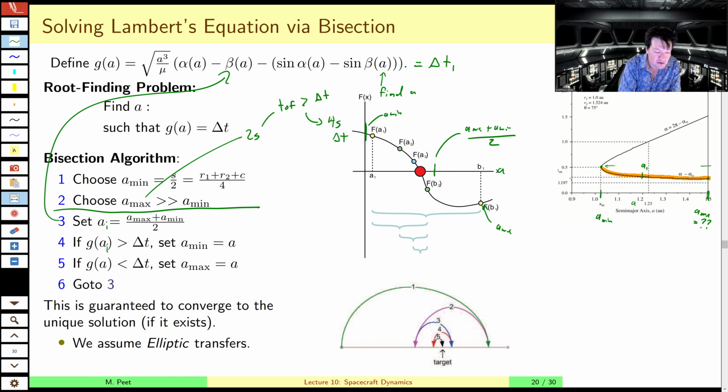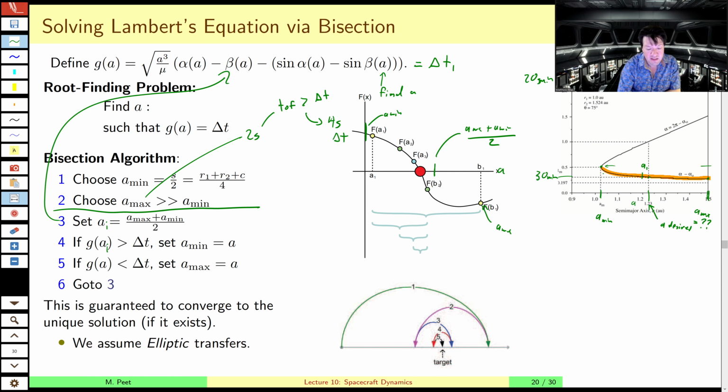Suppose you calculate the corresponding time of flight, and you're looking for 20 minutes, and the corresponding time of flight is say 30 minutes. That means you are to the left of the correct value, because your time of flight is above where it needs to be. So it means you're to the left.